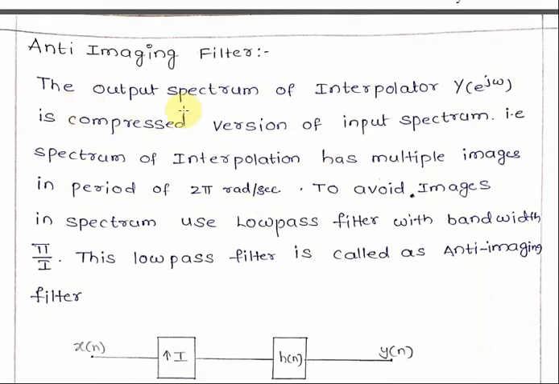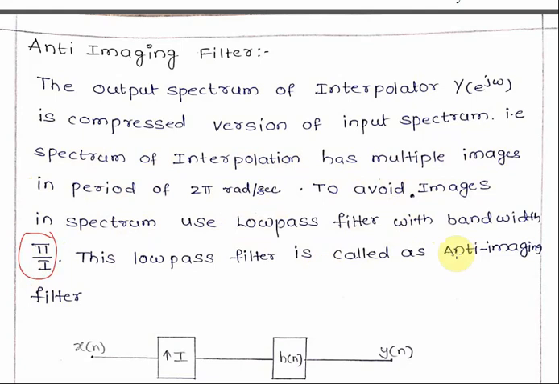Anti-imaging filter. The output spectrum of the interpolator is a compressed version of the input spectrum. That is, the spectrum of interpolation has multiple images in a period of 2 pi radians per second. To avoid images in the spectrum, use a low pass filter with bandwidth pi by I, as we have discussed.